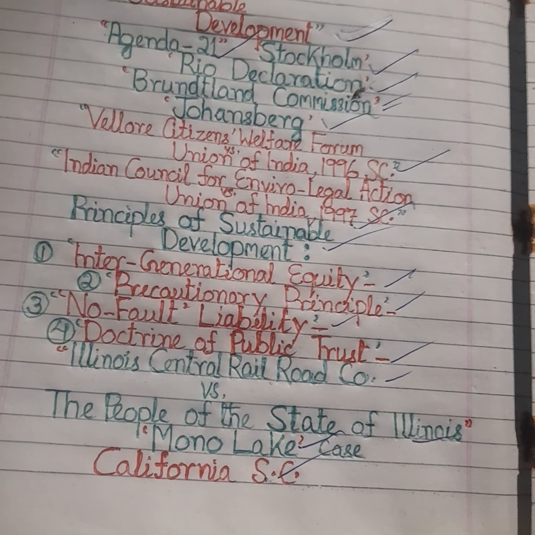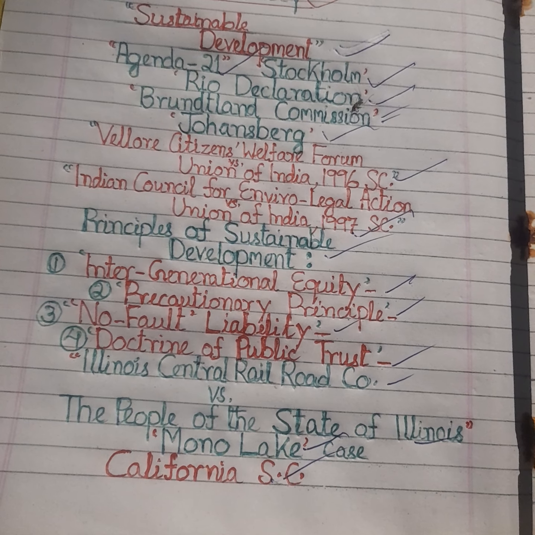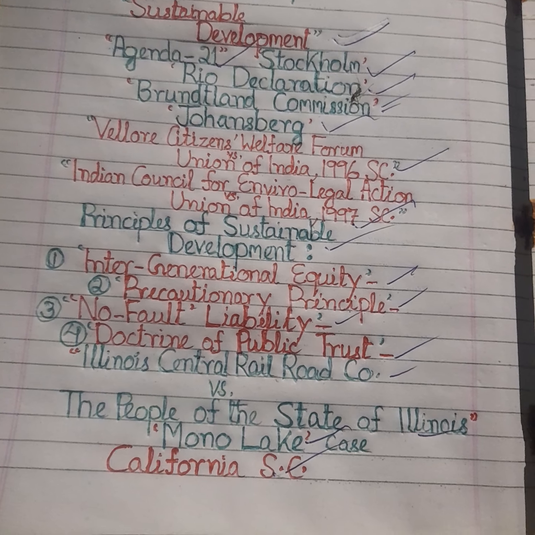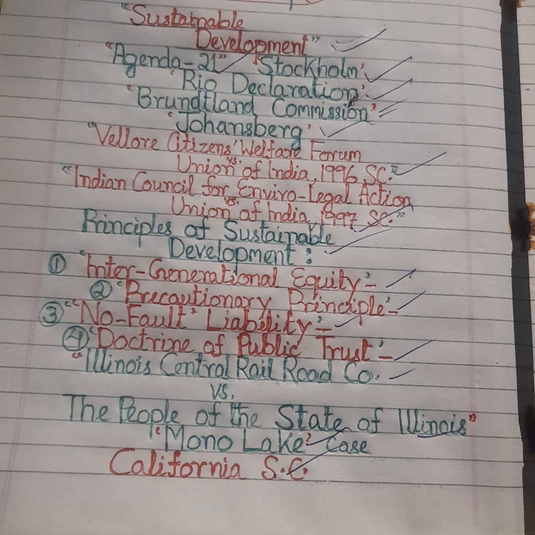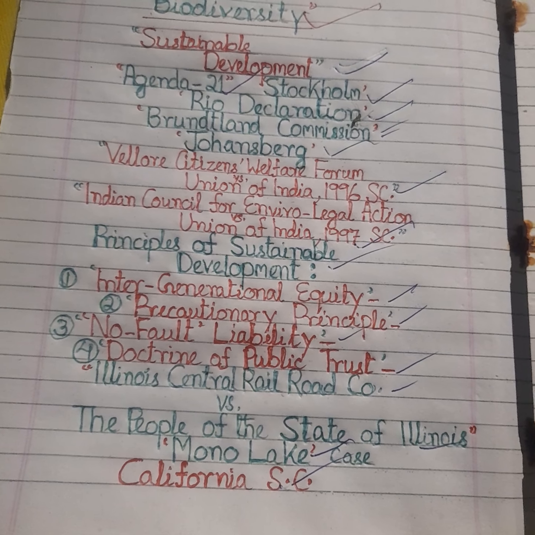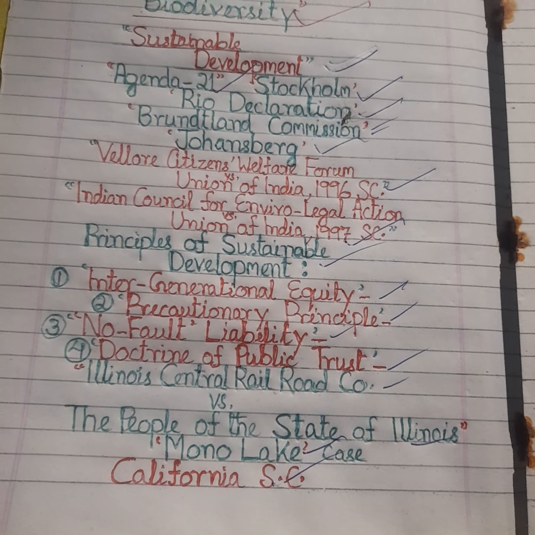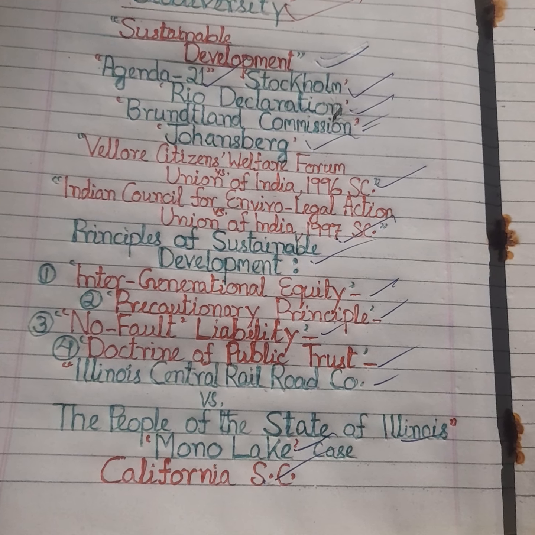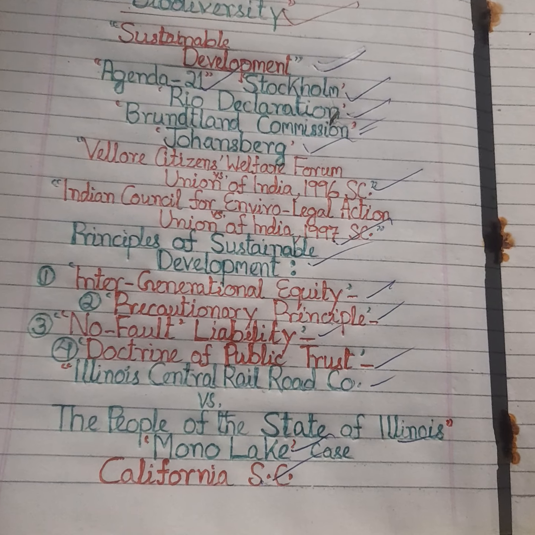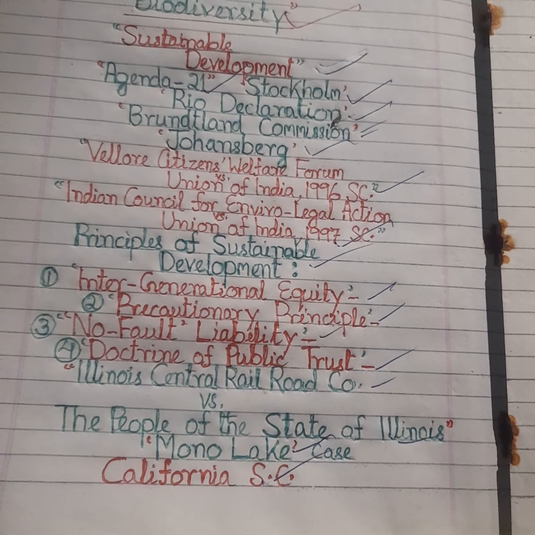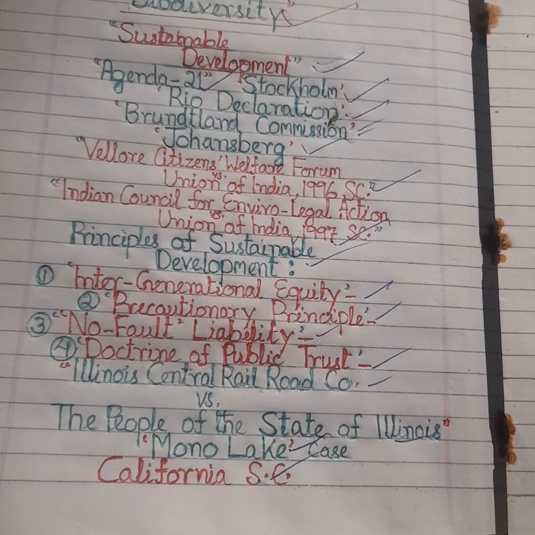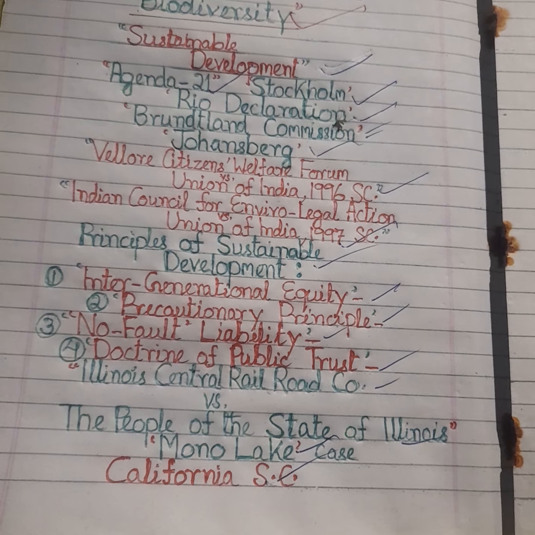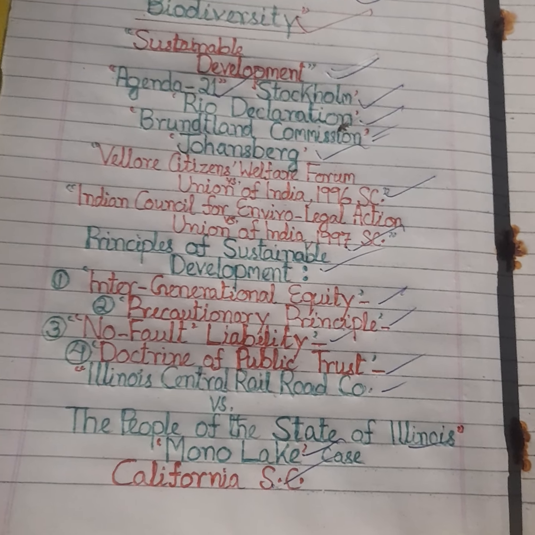Finally, in the Indian context, we discussed the application of the doctrine of public trust in the leading case M.C. Mehta versus Kamal Nath in 1997, relating to the allotment of a lease of natural forest land to a private entrepreneur to build a motel, and how the doctrine of public trust was upheld by the apex court of India.